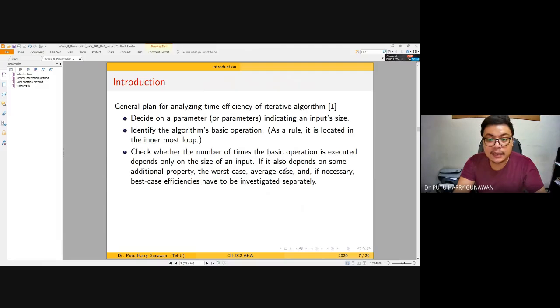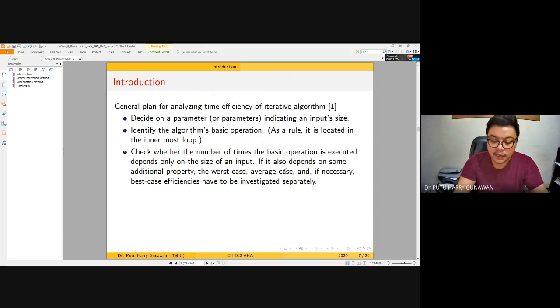Then check whether the number of times the basic operation is executed depends only on the size of the input. If it depends on some additional property, we need to decide whether the algorithm gets the worst case, average case, or best case.